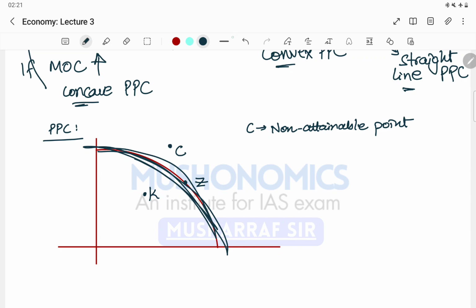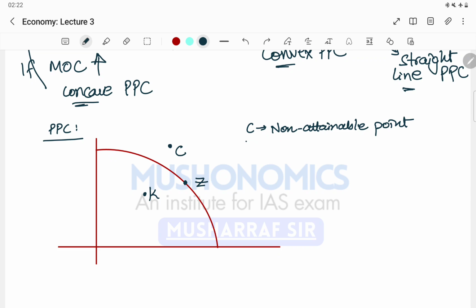But to produce outside the PPC, the points which are non-attainable, we cannot produce it with the given technology. So either technology needs to be improved, which we are talking about in a while. Now see, point C is a non-attainable point.